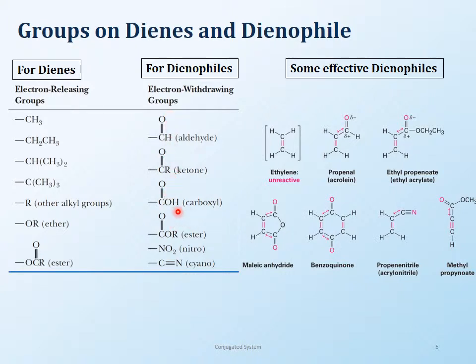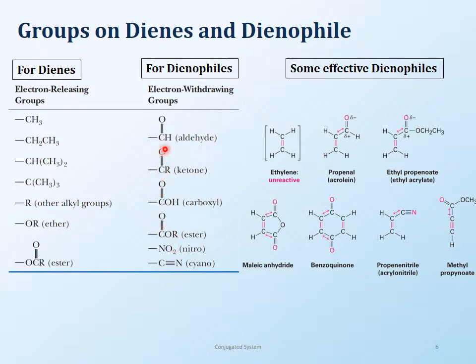I want you to look at the ester here. There was an ester here also in the electron donating groups. So the ester in the donating group is connected a little bit differently than the ester over here. The ester in electron donating is connected to the double bond by oxygen, whereas here it's connected by carbon. So that prevents the delocalization of the lone pair of electrons.